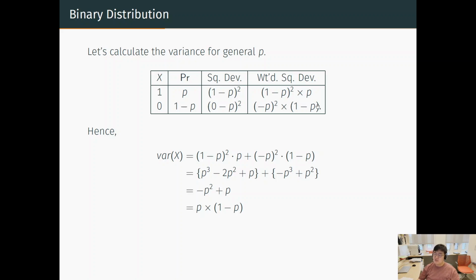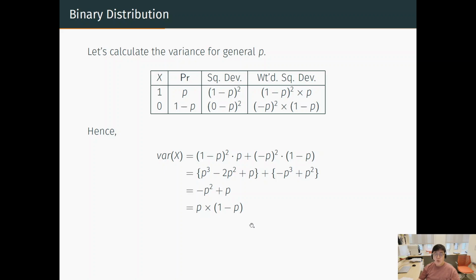That is the variance. This summation may look a little tedious, but it's not that difficult. Just expand the squares, and then you get things. The third order term canceled out, and in the end you get minus p squared plus p, which is p times 1 minus p.